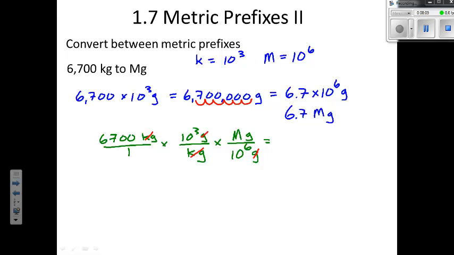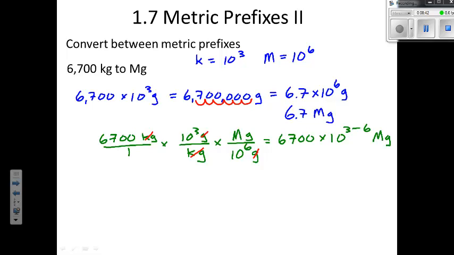We converted kilogram to megagram by adding 2 conversion factors. And now we have to sort out the numbers: times 10 to the third divided by 10 to the 6th. That means you subtract the exponents. 10 to the third divided by 10 to the 6th is 10 to the 3 minus 6. And now we've made our conversion to megagrams.